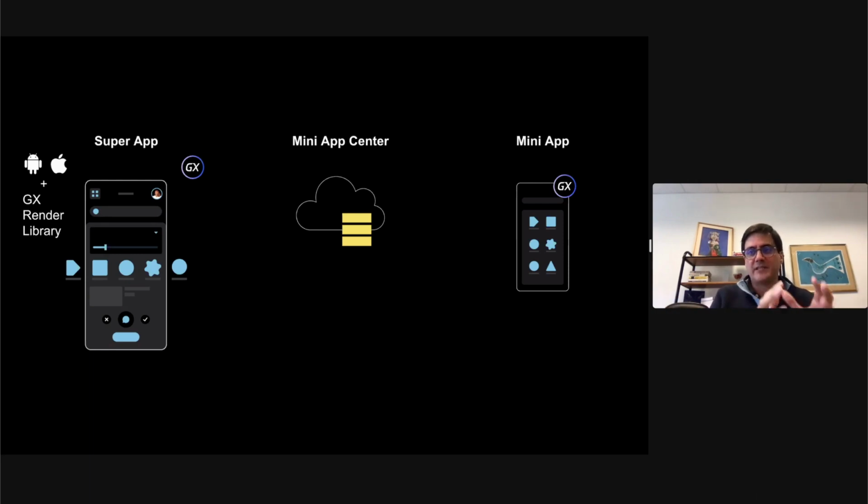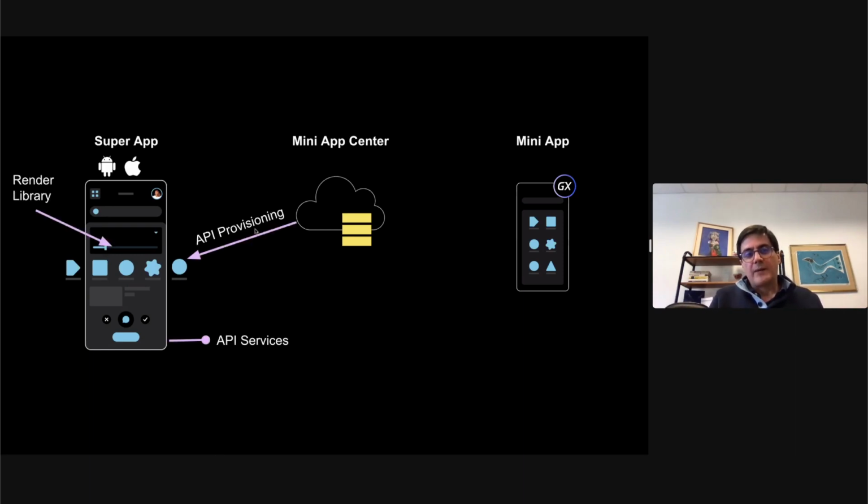So you don't want to create a whole new application. You want to make good use of it. You want to leverage the number of users that application has, and you want to transform it and make it into a super app. So with this render library, you can do that automatically because it will give you the possibility of dynamically loading it in the mini app center. So that will have an API to communicate with the provisioning server. That will give you a list of all the mini apps that will be available for that super app specifically.